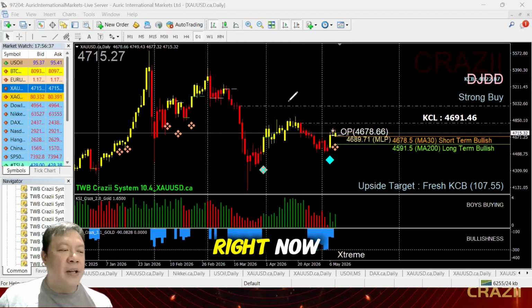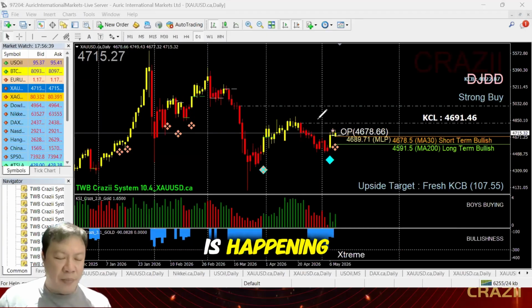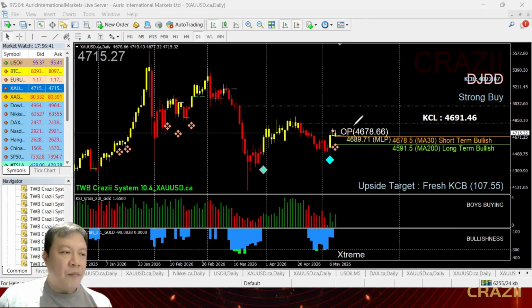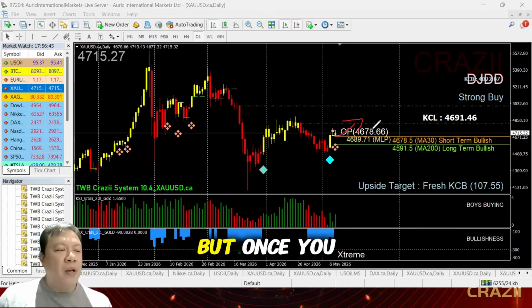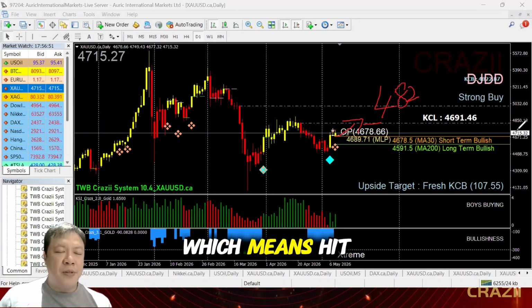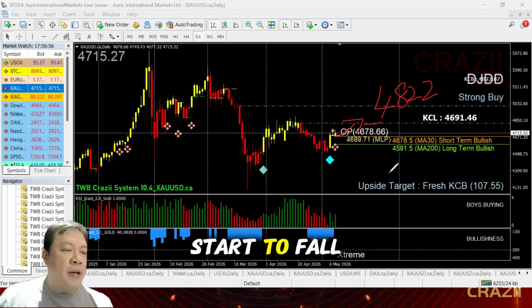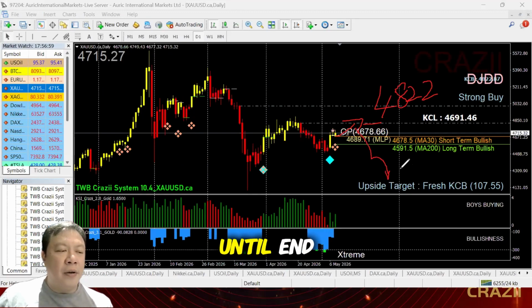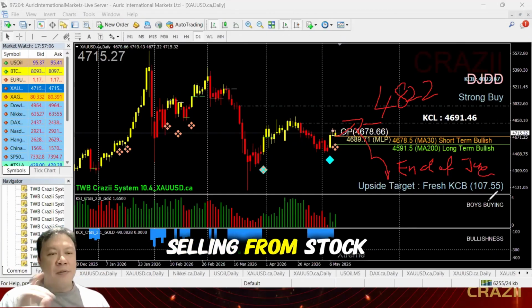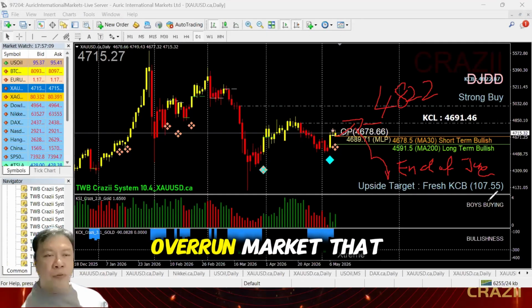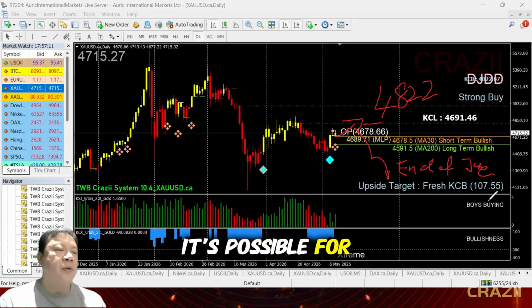Okay, so what we see here now is a potential downtrend which is happening. So if the market should go up to 4822, go take it, all right? But once you hit 4822, if the market cannot go any higher, which means it hit 4822 and stops there, then there is a very good chance the market will start to fall all the way until end of June, whereby you have a lot of selling from the stock market and all the overrun markets that you saw earlier may come down.